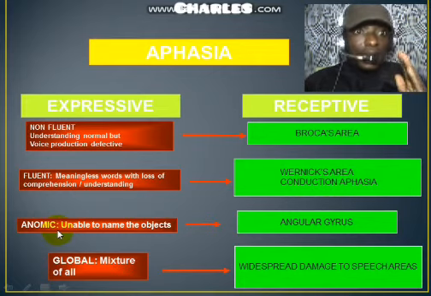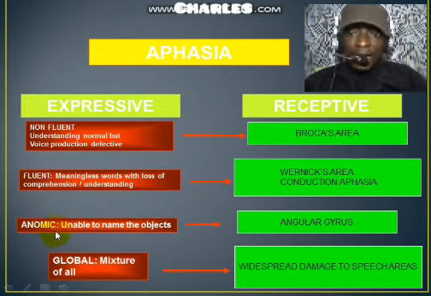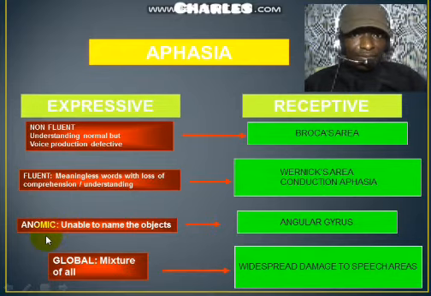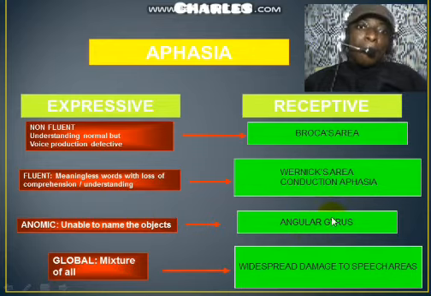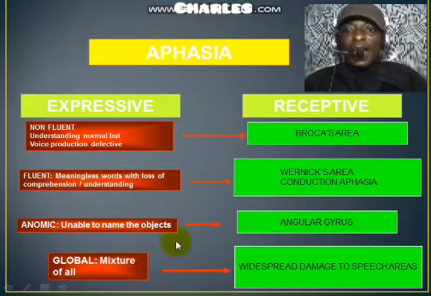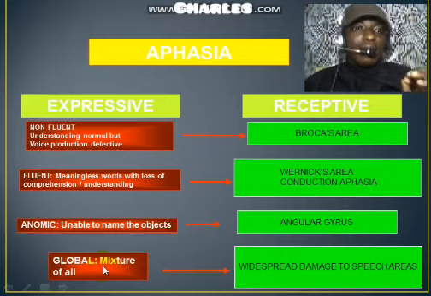Alright? The next one is anomic aphasia. Alright? Here, there is inability to name objects. This type of aphasia is caused by damage or problems in the angular gyrus. Alright? And finally, we have global aphasia.